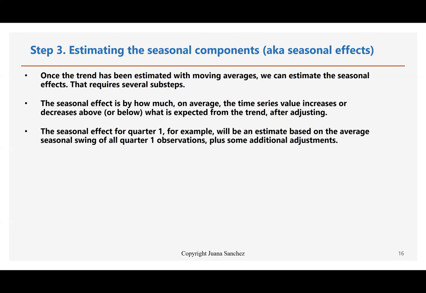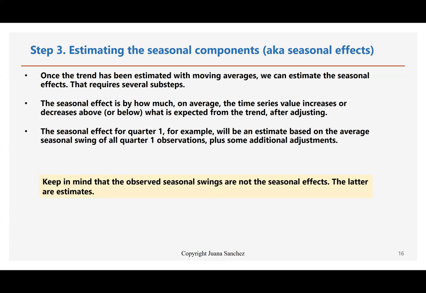So it requires some calculation. The seasonal effect for Q1, for example, will be an estimate based on the average seasonal swing for all Q1 observations, plus some additional adjustments. So keep in mind that the observed seasonal swings are not the seasonal effects that we have in mind. The latter are going to be estimates.